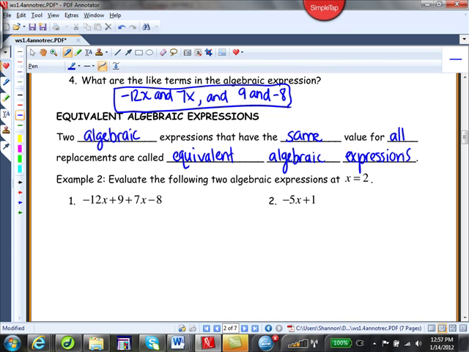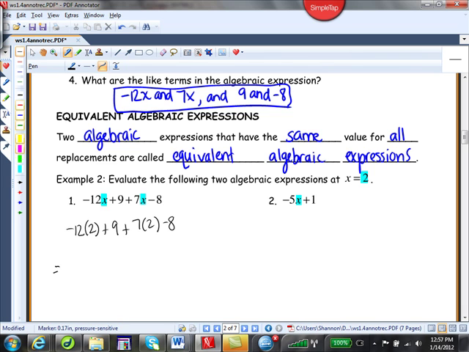So let's take a look at example 2. Let's evaluate these two algebraic expressions at x equal to 2. So remember, wherever we see an x, in each of these, we will plug in 2. So we have negative 12 times 2 plus 9 plus 7 times 2 minus 8.